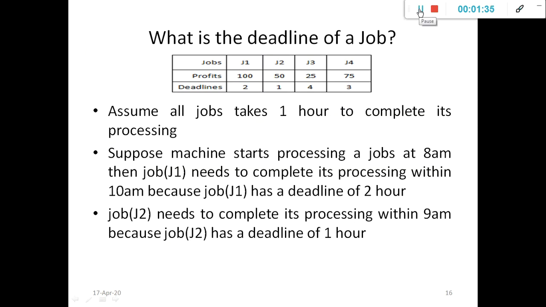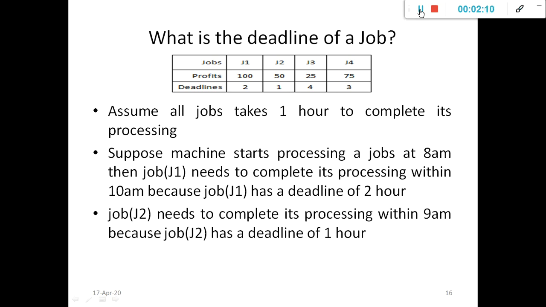Next, understand what is the deadline of a job. To understand this, consider the above example. Assume all the jobs take 1 hour to complete their processing. Also, suppose the machine starts processing a job at 8 am, then job J1 needs to complete its processing within 10 am because job J1 has a deadline of 2 hours.